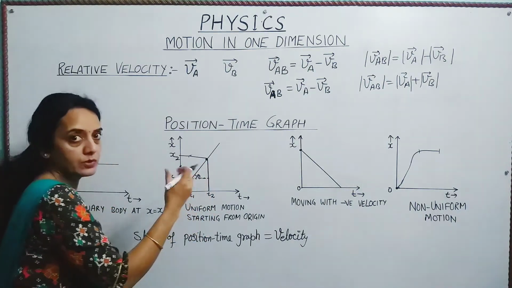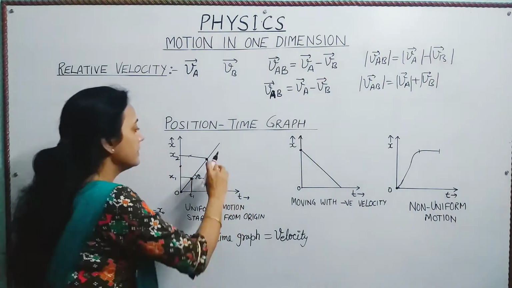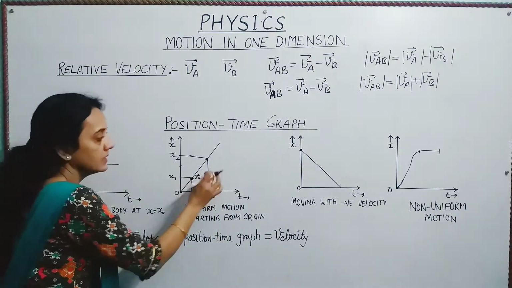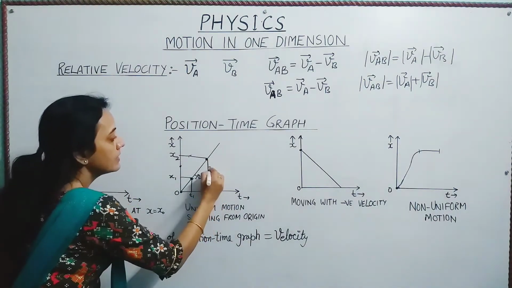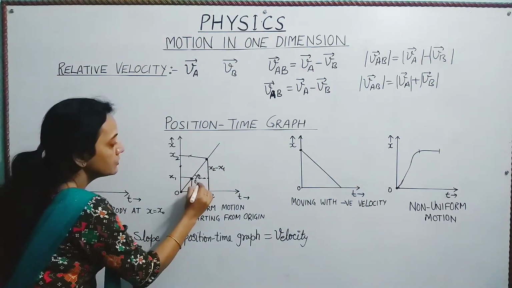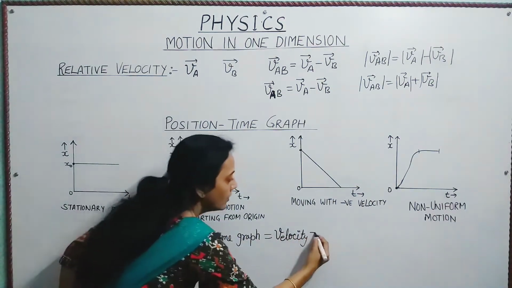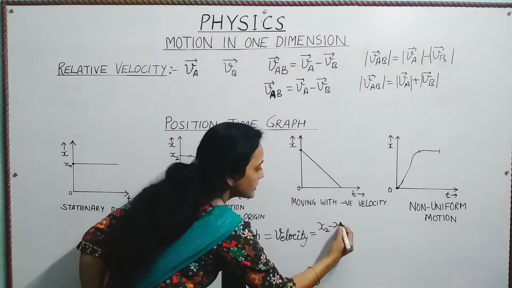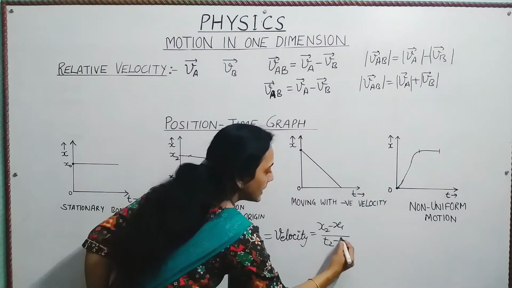This tan theta equals, from the formula, perpendicular upon base. Now this distance will be x2 minus x1, and this will be t2 minus t1. So we can simply do (x2 minus x1) upon (t2 minus t1).